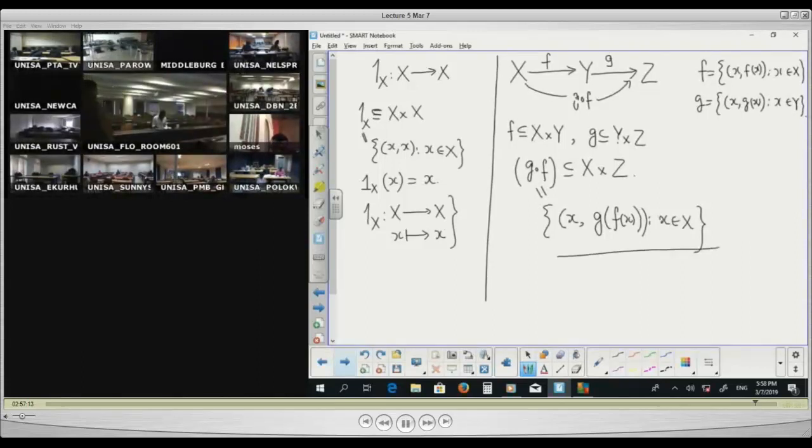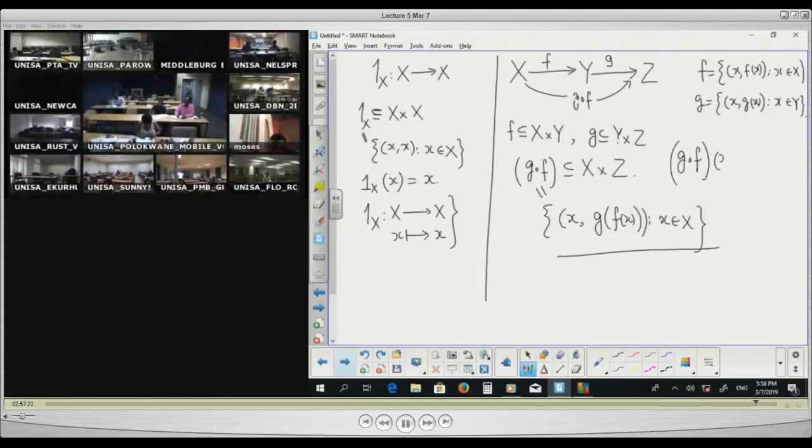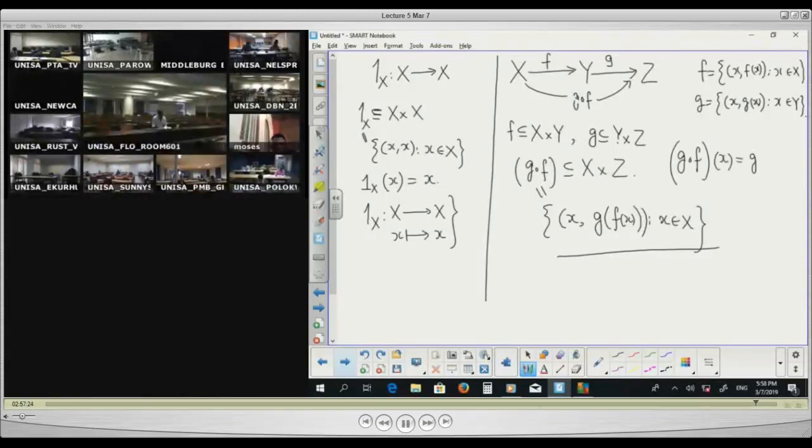Yeah? So now I have something to say about this composite. So I am saying this whole thing therefore means that H of f of x, that's H composed F at x, and 1_X of x is x already.